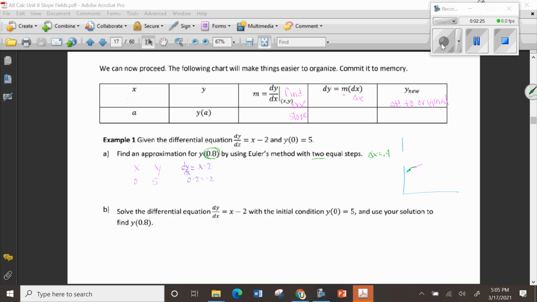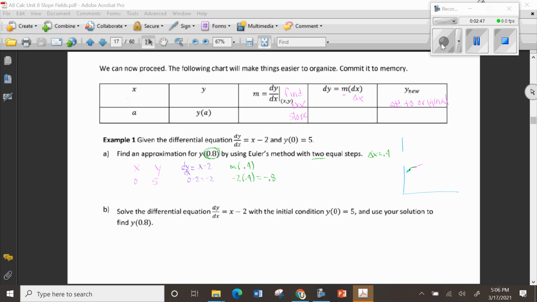So I'm going to take my slope m times that space 0.4. So negative 2 times 0.4, and I should get negative 0.8.